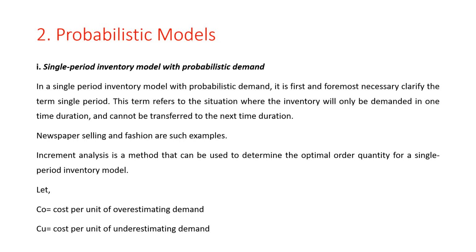Let us assume two variables, CO and CU. Here CO is the cost per unit of overestimating demand and CU is the cost per unit of underestimating demand.